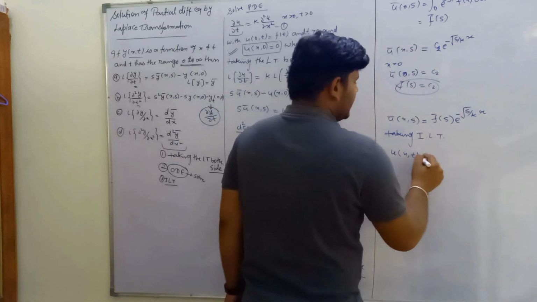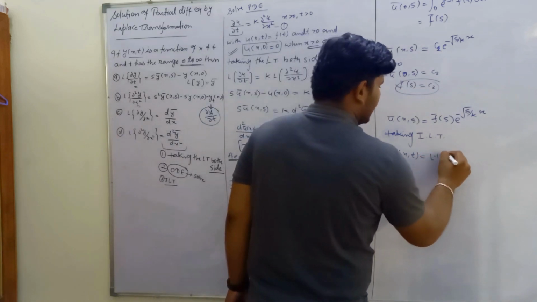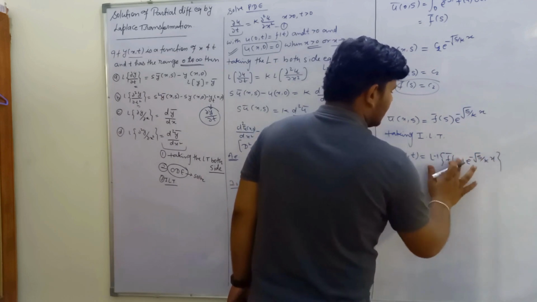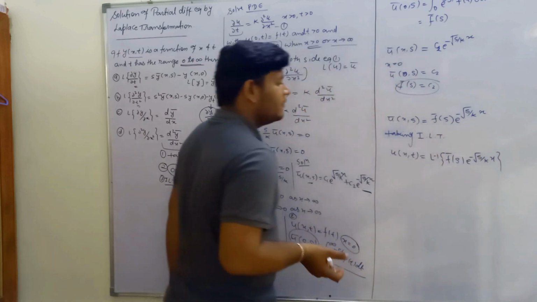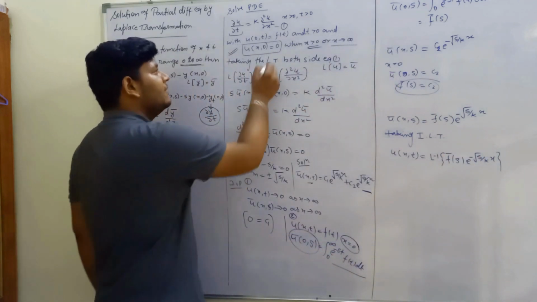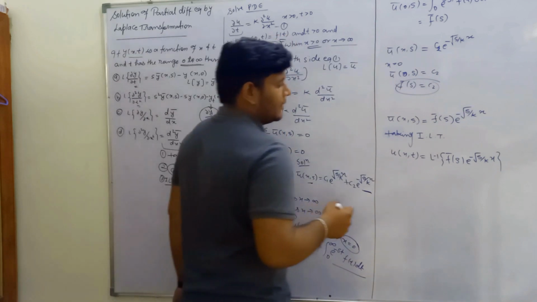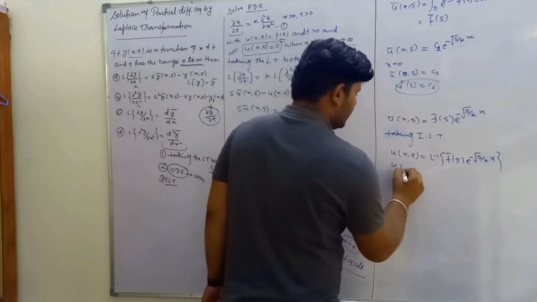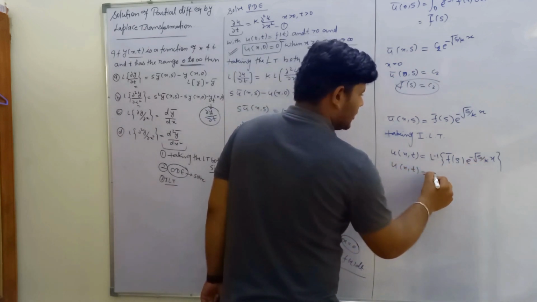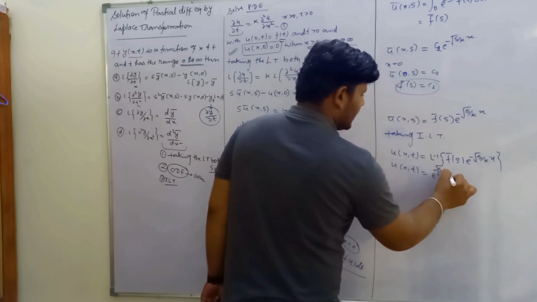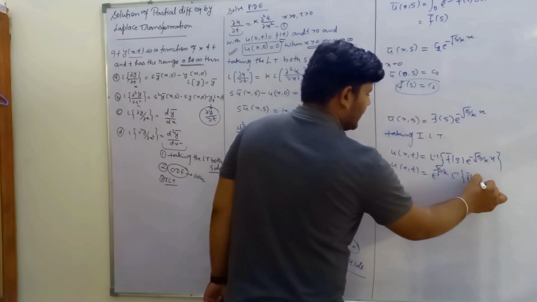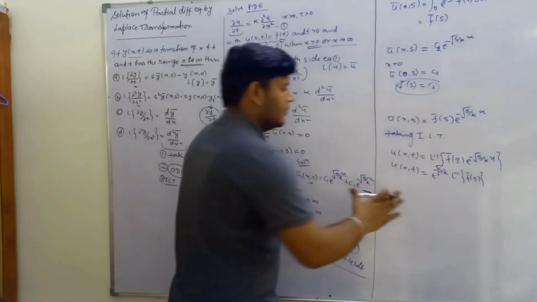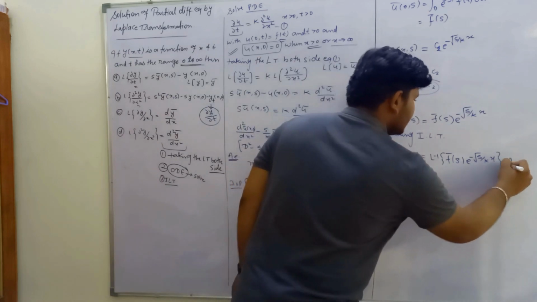So this will be the function u(x, t), the inverse Laplace transform of f bar(s) e to the power minus root of s by k times x. Since there is no specified function, only f(t), we can write the whole thing in terms of f(t).